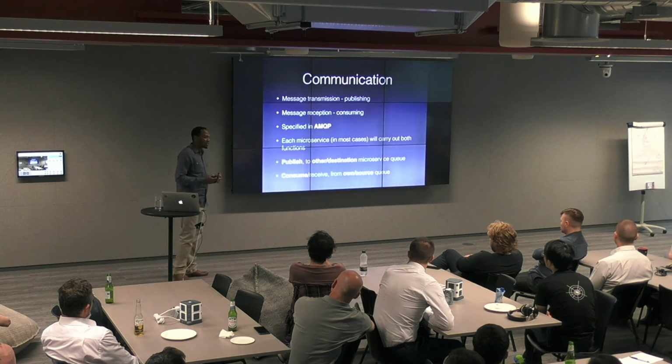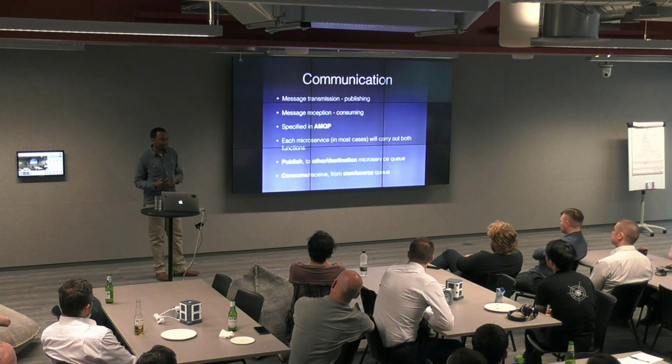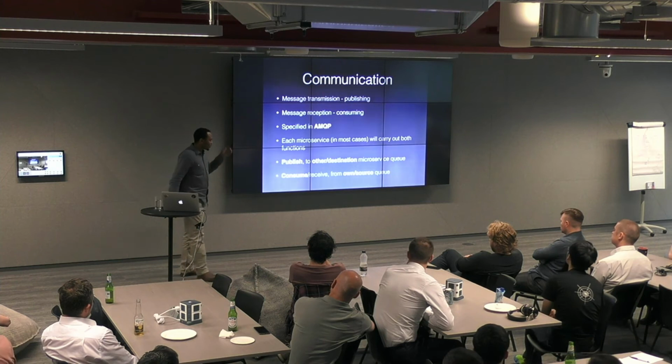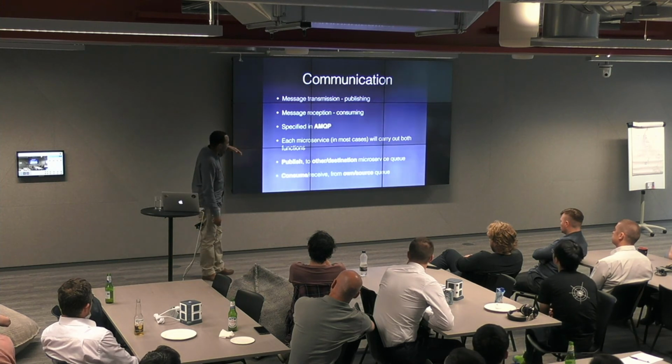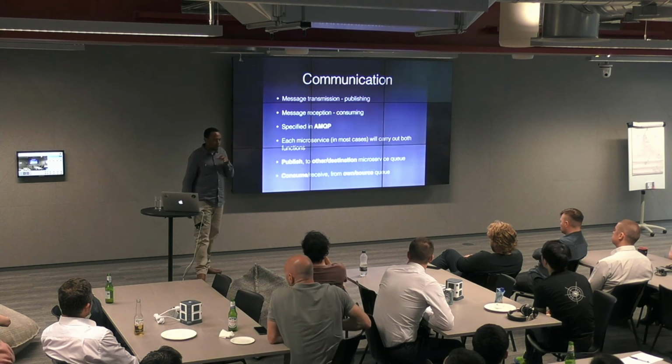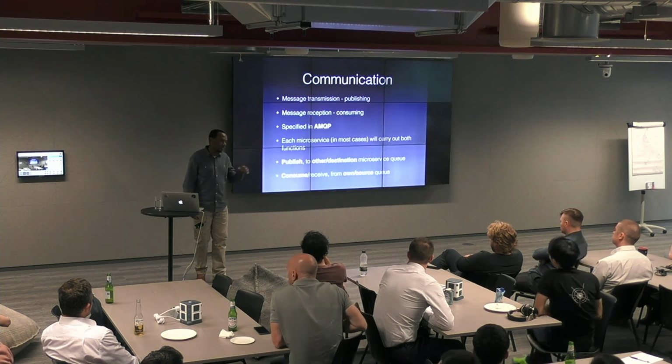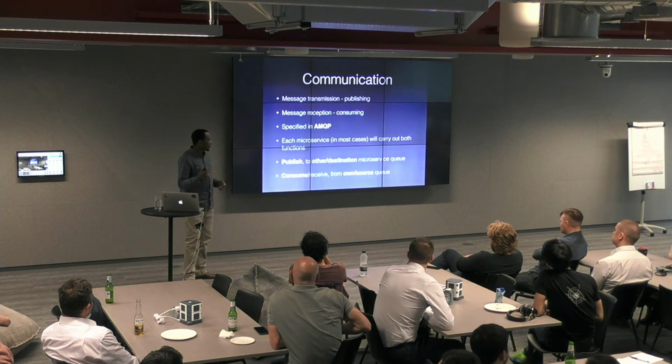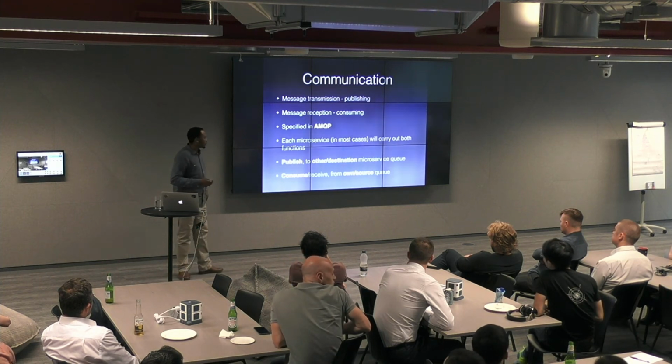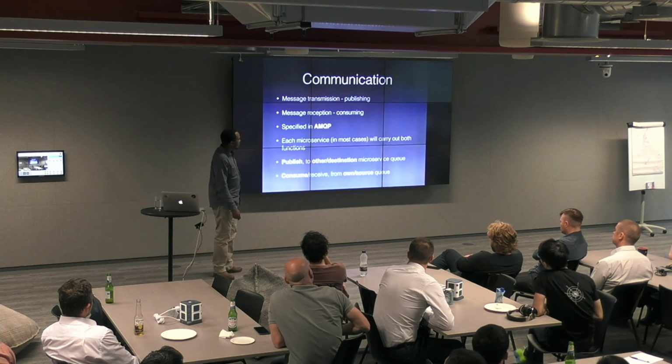And then you've got your message receptor, which is the entity that's consuming, right? So all this is specified in AMQP, right? So it's part of the protocol. How is a microservice or an application going to forward messages to a queue? And how is the application going to consume those messages from the queue, right?